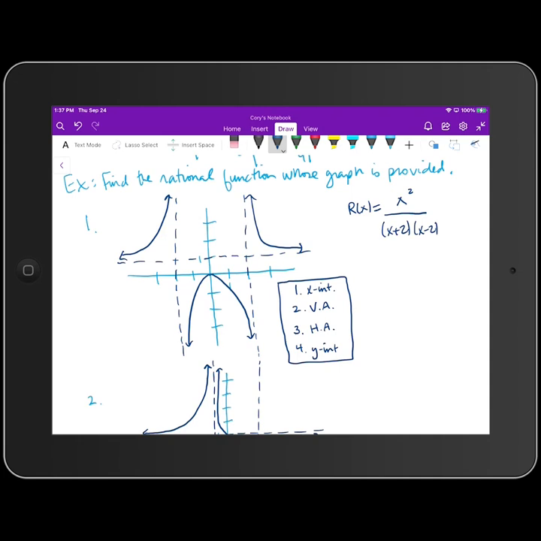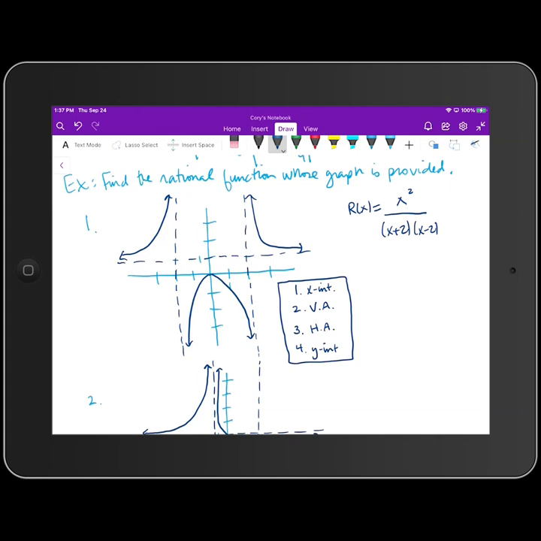Now when we look at the behavior of our graph at those vertical asymptotes, we see that the graph goes in opposite directions as we approach the vertical asymptote on each side. As we approach the vertical asymptote at x equals -2 from the left-hand side, the graph goes to infinity.